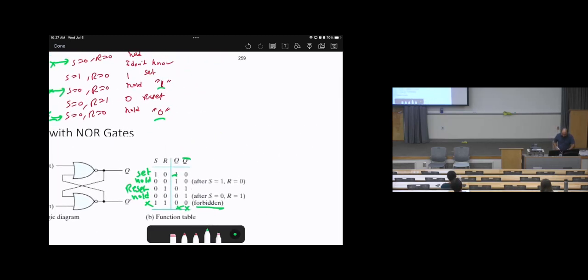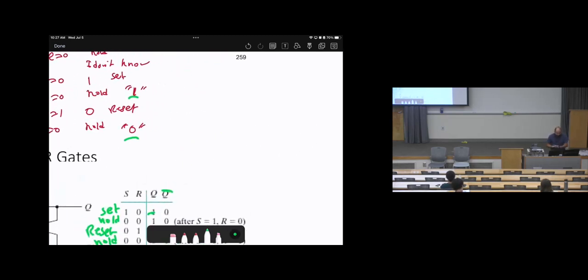Okay, I'm going to draw this timing table, so you will see this a lot also in this course. I'm going to assume this is the timing table of S, this is the timing table of R, this is the timing table of Q. So I'm going to assume this is the switching sequence.